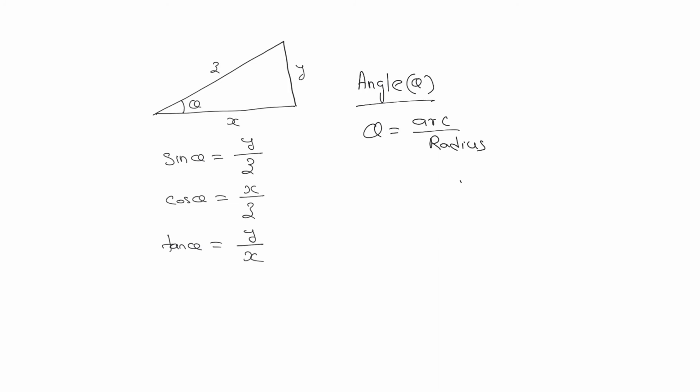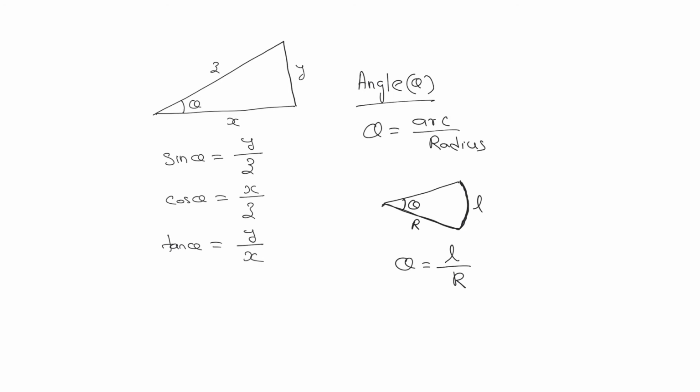If you consider a circular path or circular arc, and let's say this arc makes an angle theta with respect to its center. So this represents its radius, and this we can take as the length of this arc, let's say L. So the definition of theta is length of this arc L divided by r.